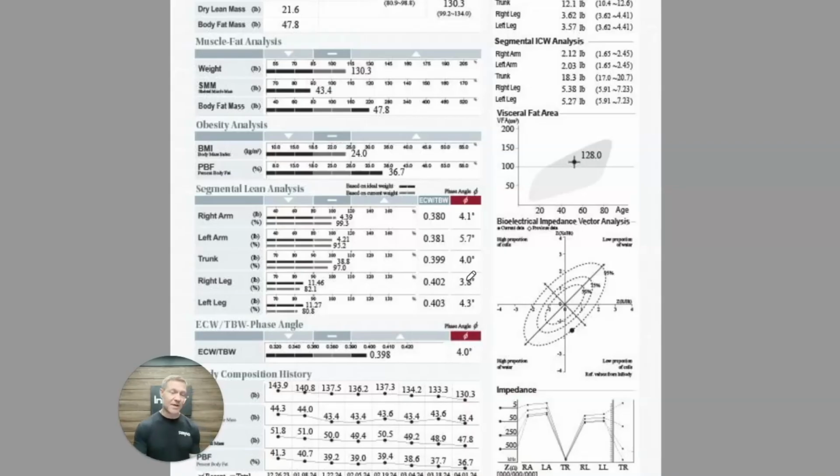But what I'm looking at is this, and this is where I think it's so powerful: our water ratios appear to be okay in the right and left arms. But there is a massive difference in your right and left arm when it comes to phase angle. Look how much lower phase angle is in the right arm when compared to the left. There's something going on here. And same thing here. We're very similar in the legs, but from a phase angle standpoint, there's something going on in the right leg.